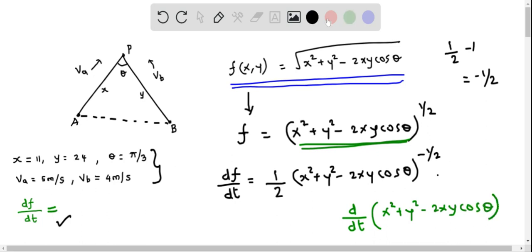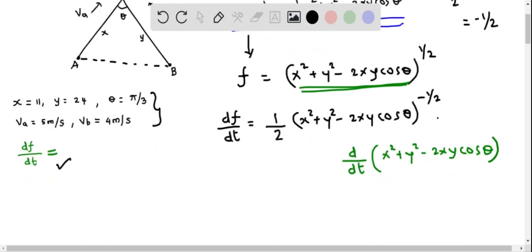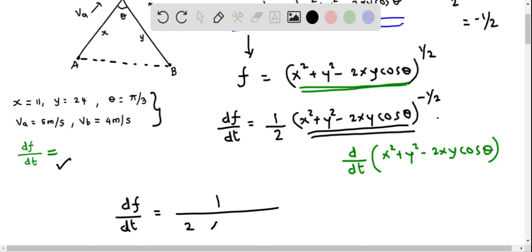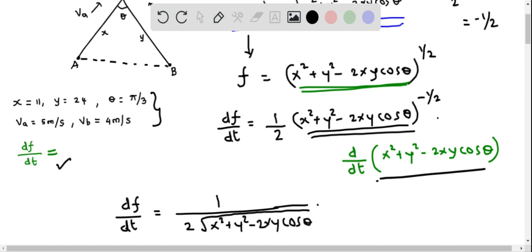Now let's simplify this. So we can rewrite this in terms of positive powers of 1 by 2, and then rewrite that power of 1 by 2 as a root function. So I'm going to do that over here. That is df over dt equals 1 divided by 2 times the square root of x squared plus y squared minus 2xy cos theta, times the derivative of this expression.